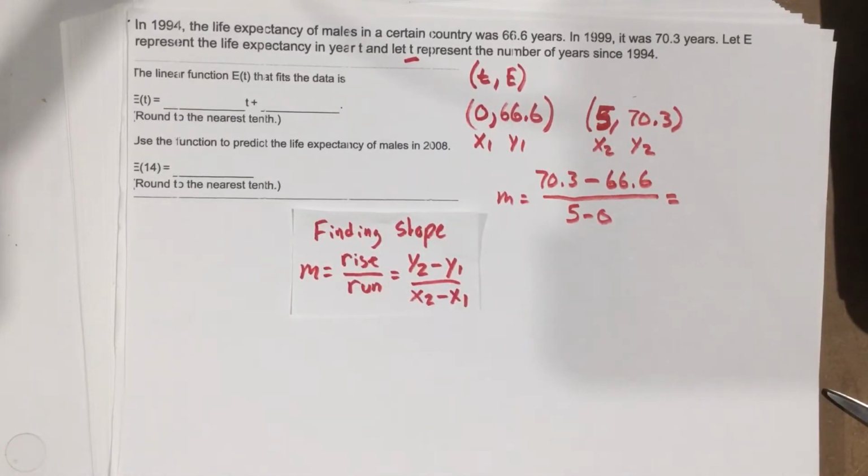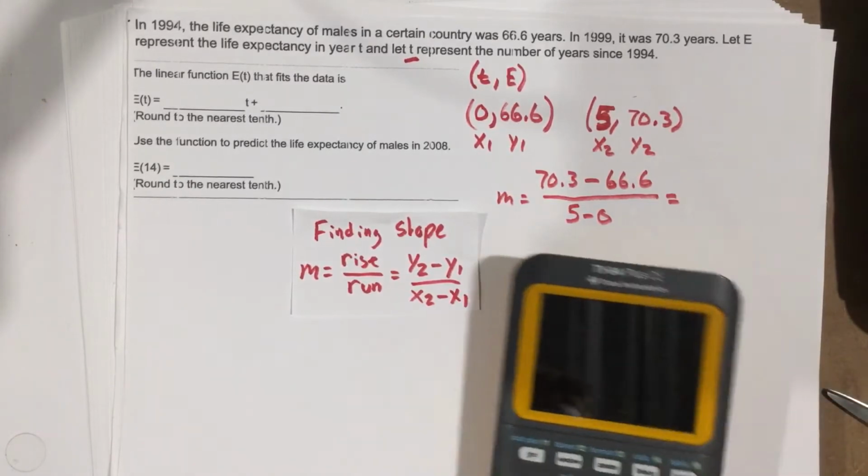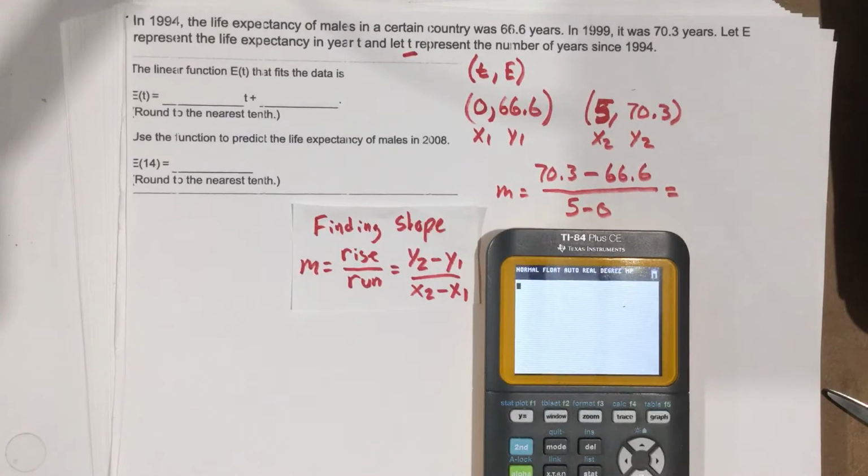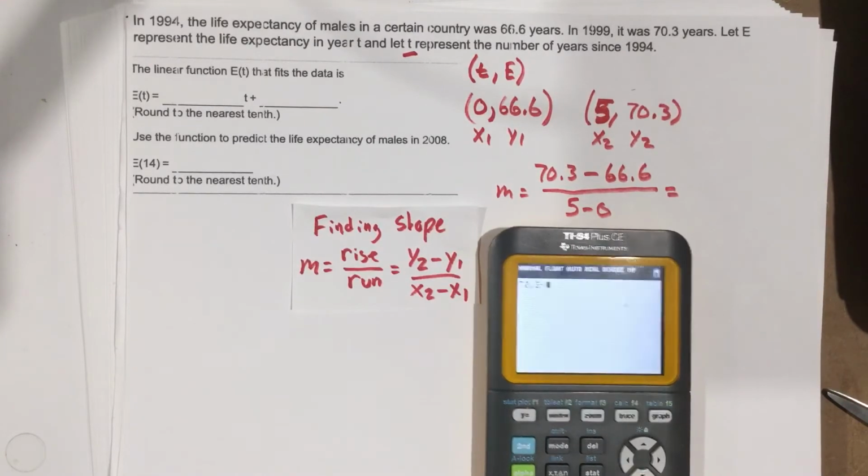And then we can throw that in the calculator: 70.3 minus 66.6, 3.7, divided by 5, and we get 0.74.